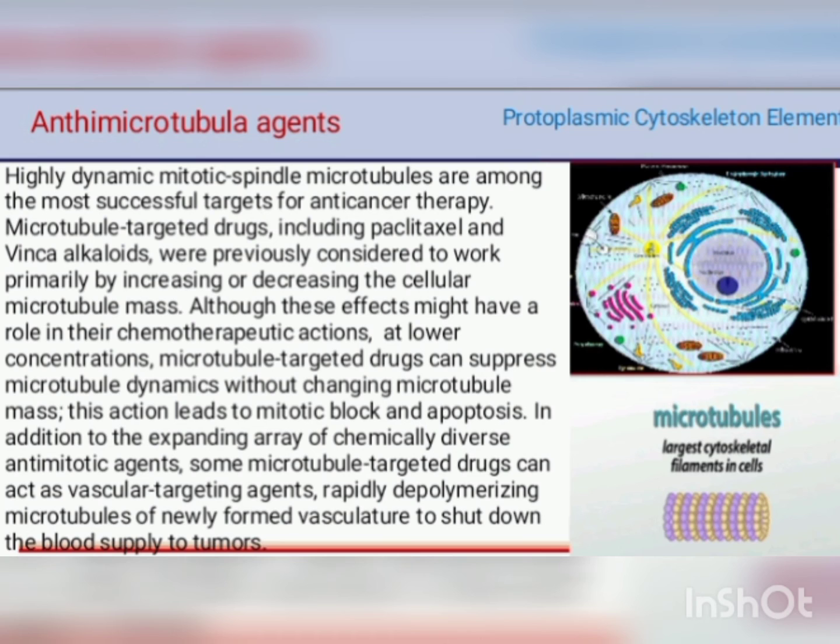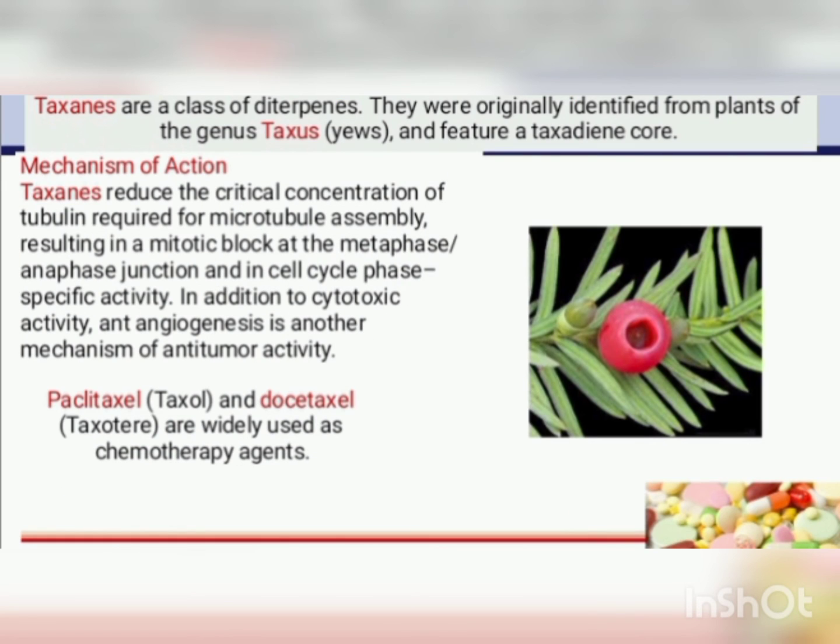Microtubules are the largest cytoskeleton filaments in the cells. Taxanes are a class of diterpenes. They were originally identified from plants of the genus Taxus and feature a taxadiene core.